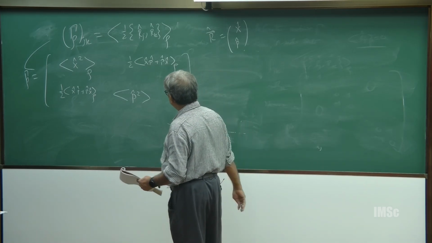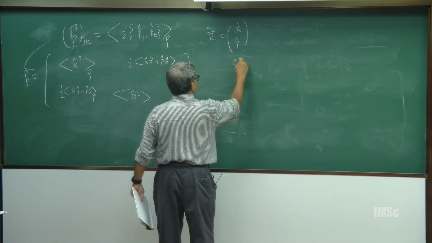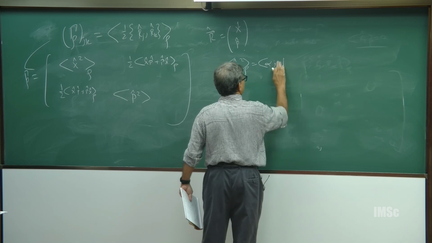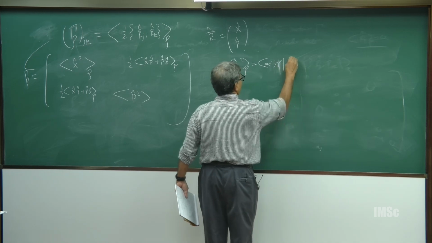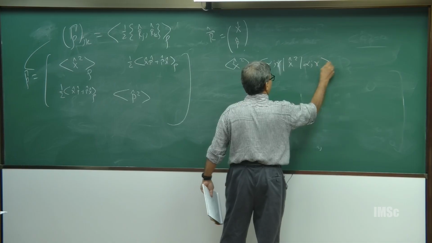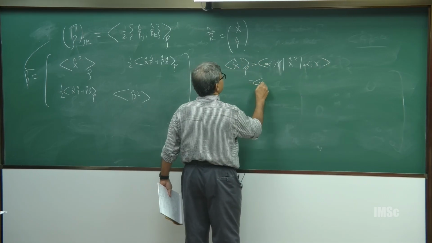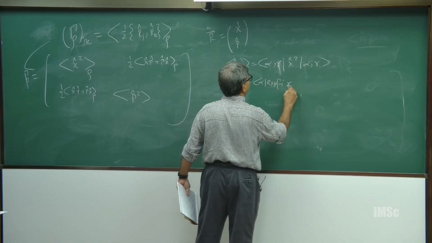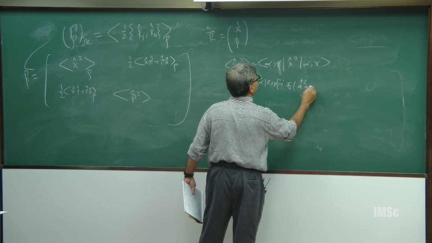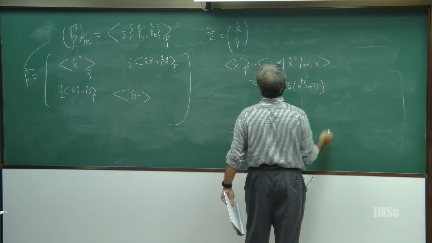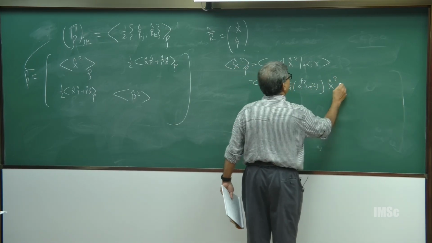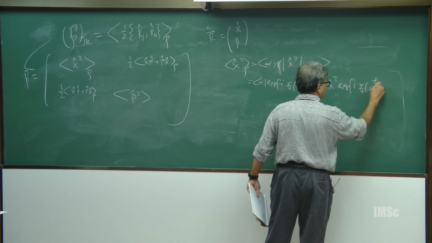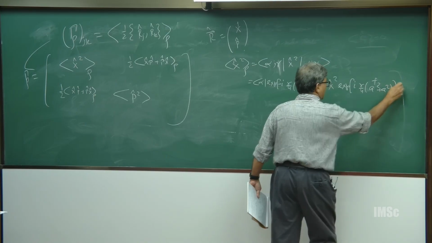Now if I look at, let us say, x square with respect to rho, which is the expectation in the state alpha comma r of x square. This is alpha, exponential of minus iota r/4 (a† square plus a square), then x square, then exponential of iota r/4 (a† square plus a square), acting on alpha.